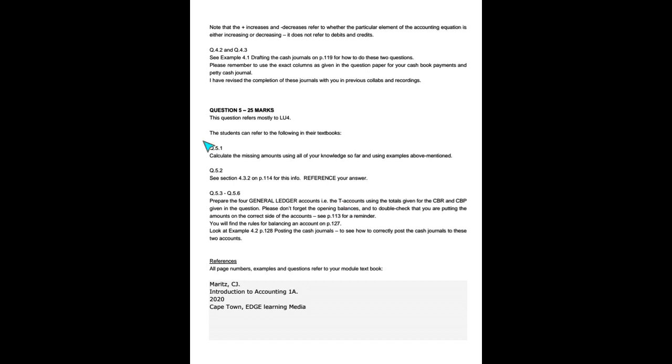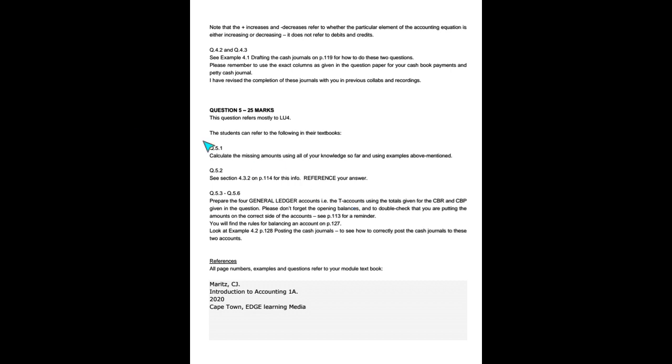The left-hand side is the debits and the right-hand side is the credits. The name of the account goes across the top, and we've got a line going down the center, which is why we call it the T account. So go and research, and make sure you understand exactly which one the general ledger T account is, so that you give your answer in the correct format.